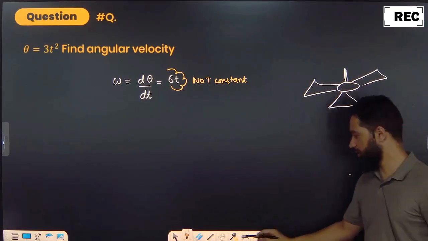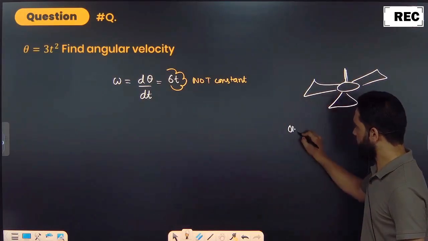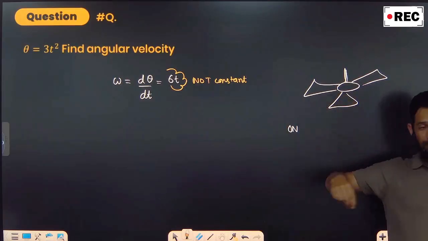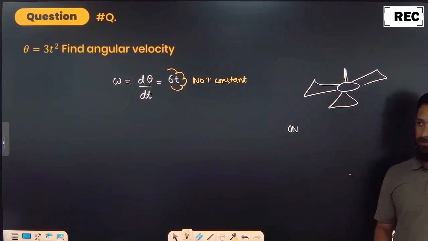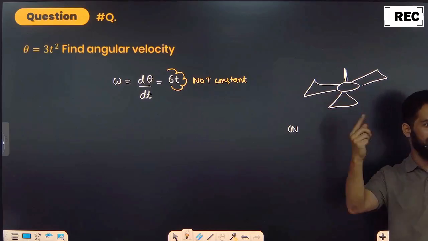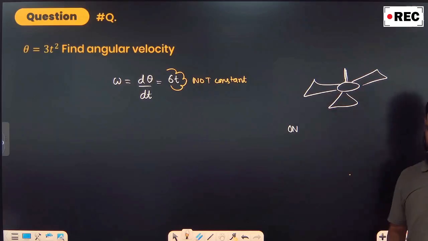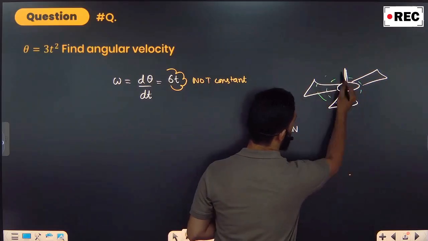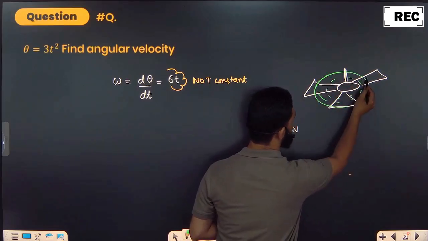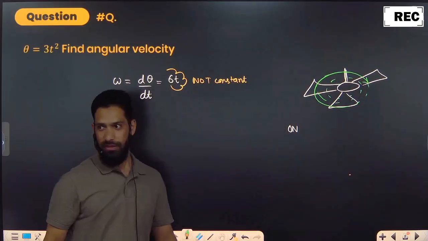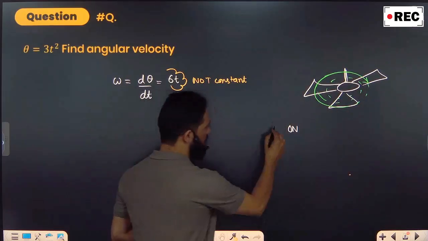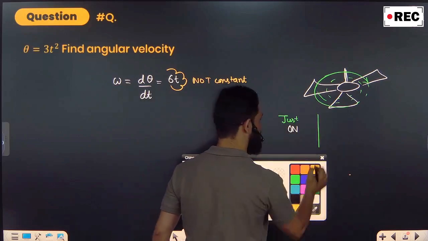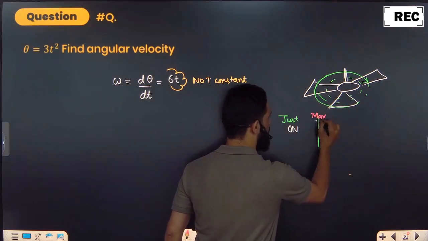Does this fan abruptly gain the maximum speed, or does it gradually gain the maximum speed? In the beginning it takes some time to gain the maximum angular velocity after you switch it on.